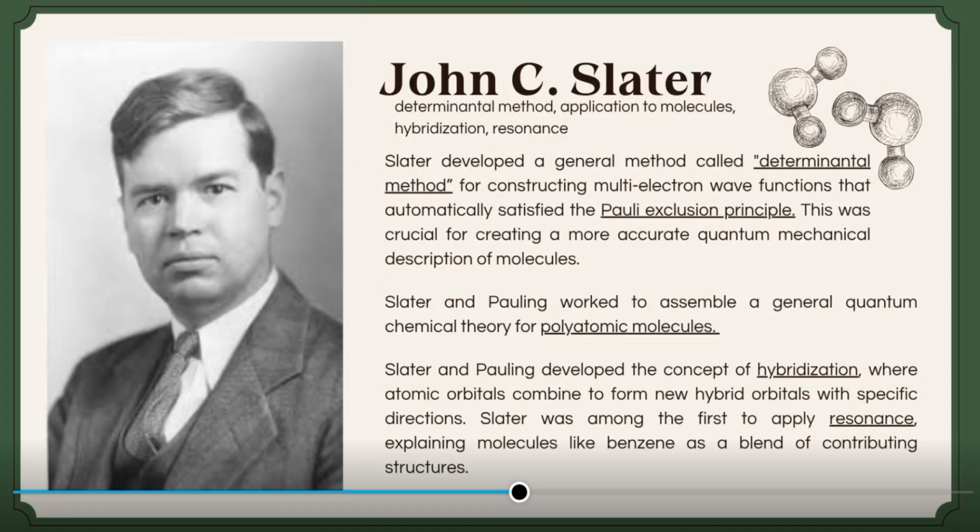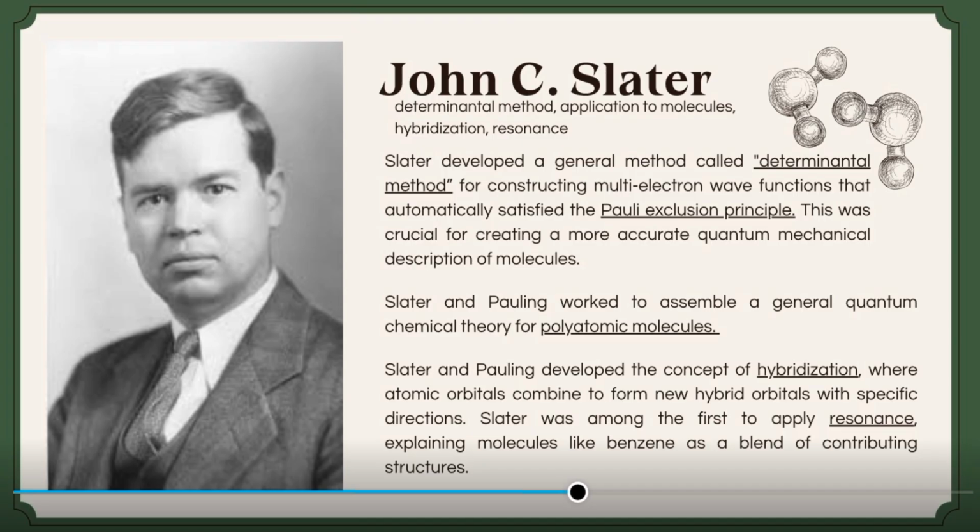John C. Slater, another brilliant mind who took bonding to the next quantum level. He developed the determinantal method, a fancy name for a way to handle multiple electrons using math, while still obeying the Pauli exclusion principle. Together, Slater and Pauling formed the dream team of chemistry, building a general theory for how atoms unite into molecules.